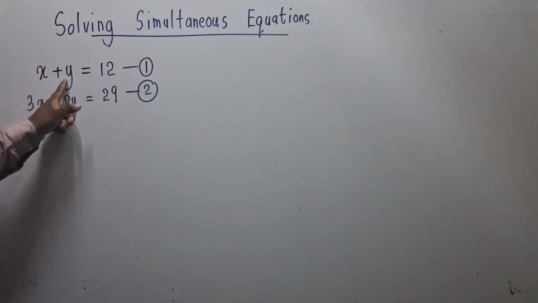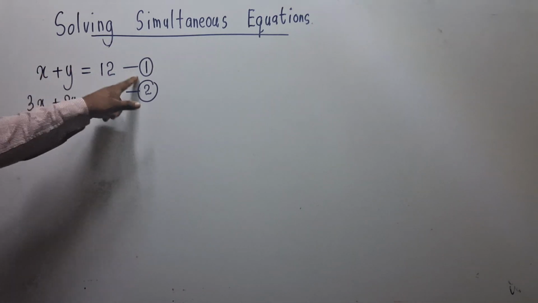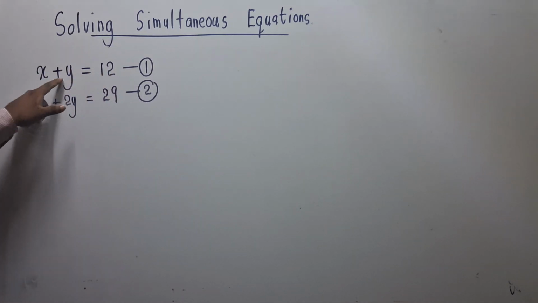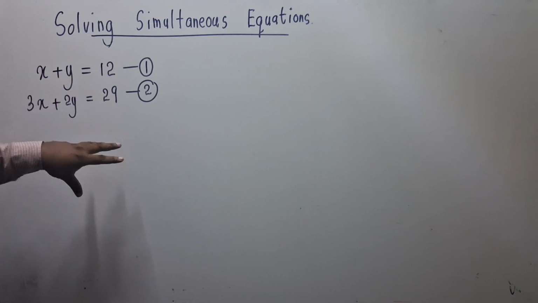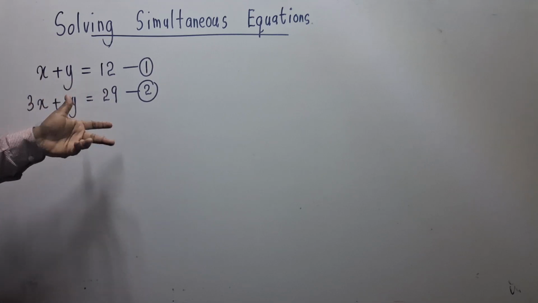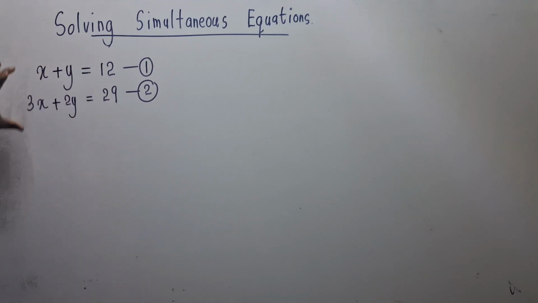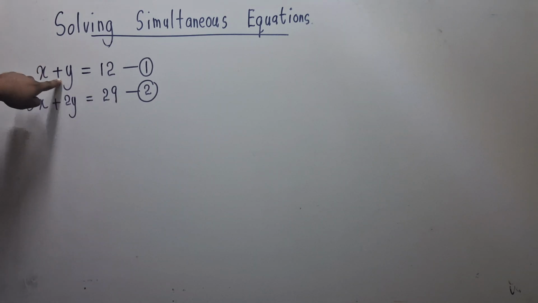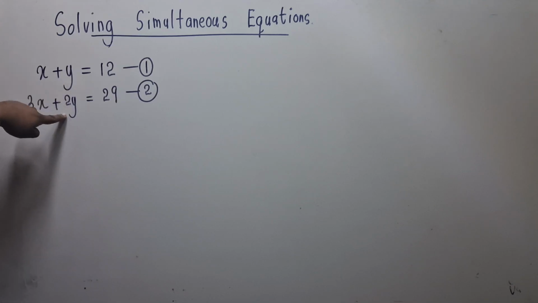If I multiply the first equation by 2, I can equalize the coefficients of y. Then I can remove y values first and get the x values first. In alphabetical order, what is first? x. So I am going to equalize the y coefficients, remove them and get the x value first.